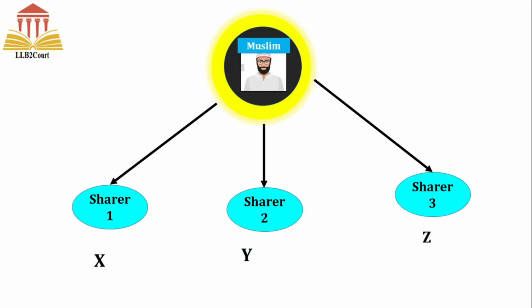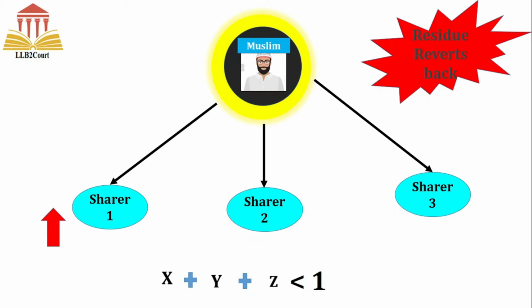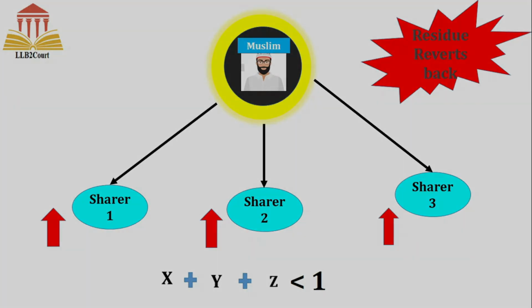If you sum up X plus Y plus Z, and it is less than 1, that means there is a residue left in the existing property after splitting the shares. Then we need to revert the residue back to the sharers in the absence of residuary heirs, by increasing the share value of the sharers. This concept is called the Doctrine of Rad.